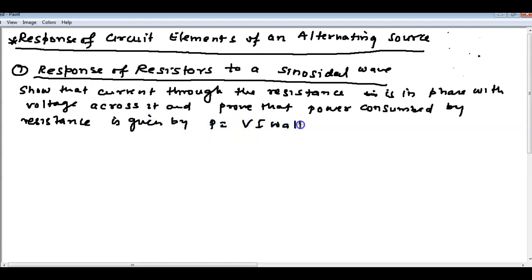This derivation can also come. If resistance is given, we have V and I, and power is equal to V into I. We will study this derivation, then go for the coils and inductance.